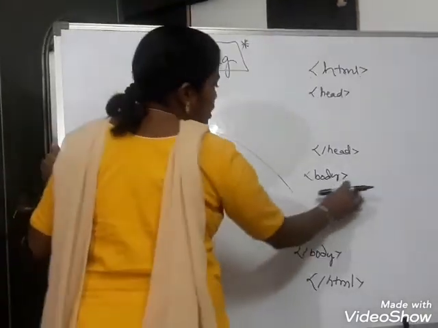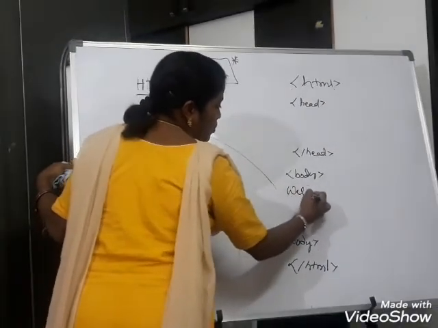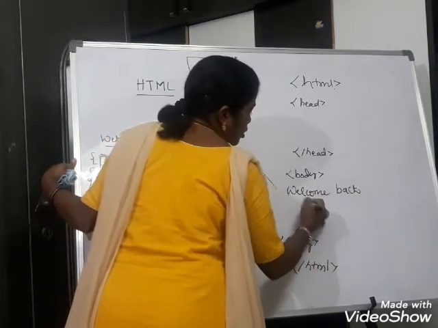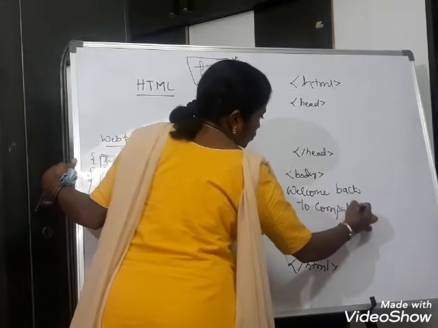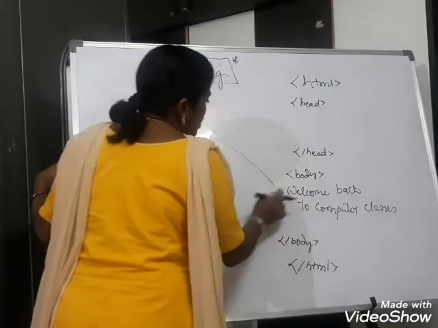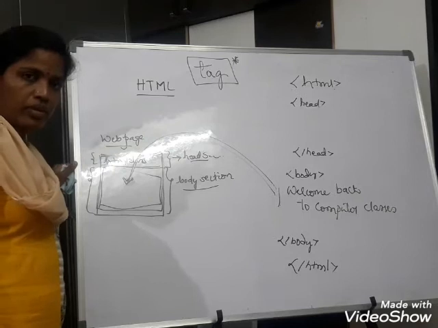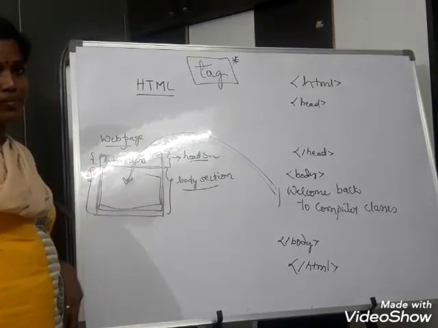Suppose I write here, welcome back to computer classes. So this is printed as it is on the body. Right? This is used to print everything onto the body.